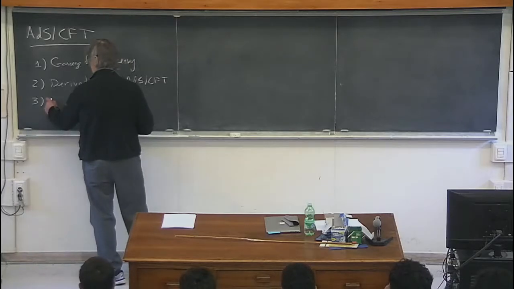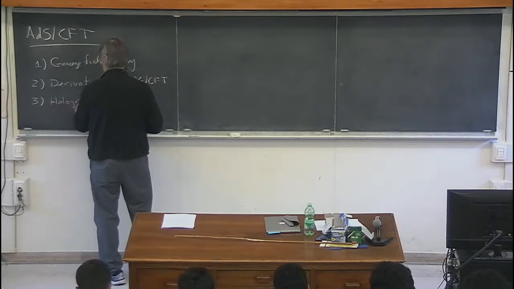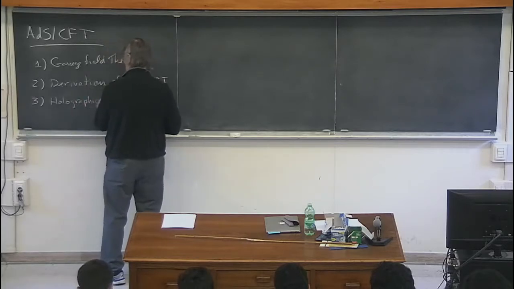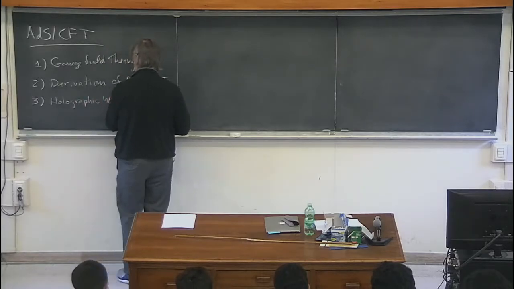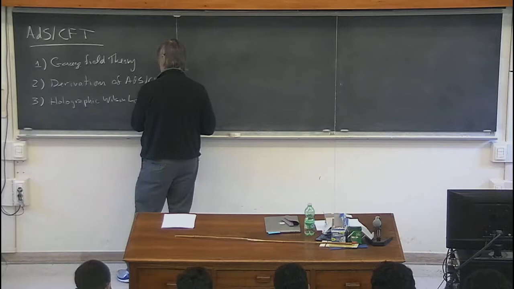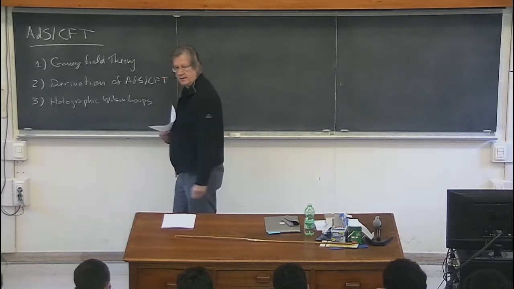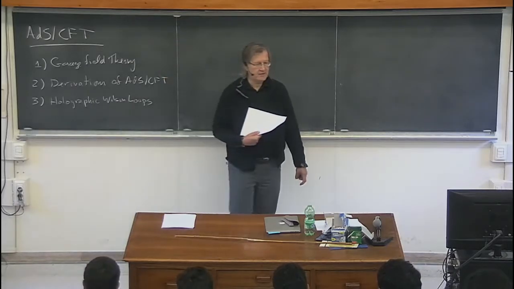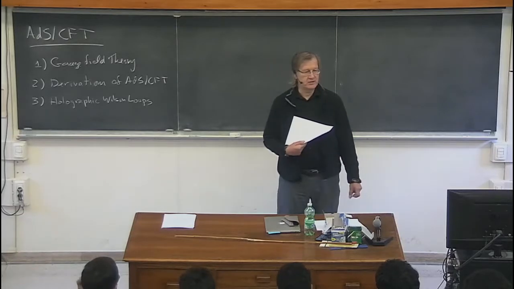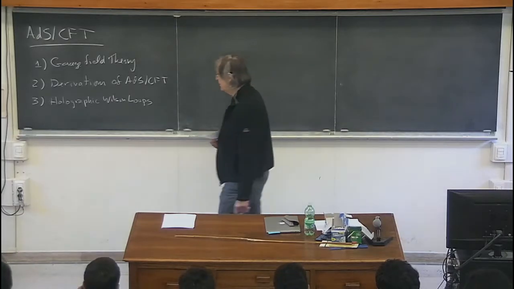I'm going to talk about holographic Wilson loops. Not because they're the only holographic thing, of course, but because the logic fits nicely with what I will say up to there.